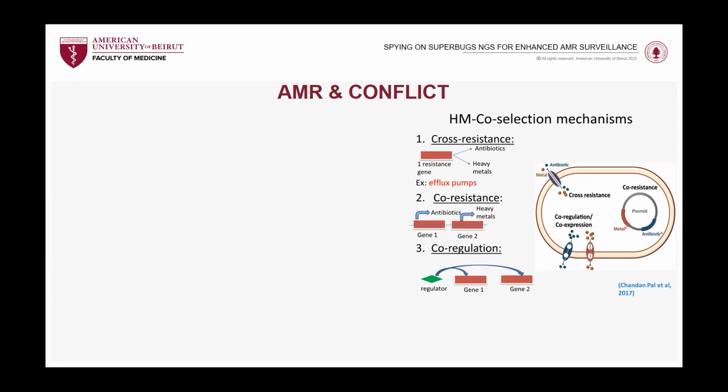Co-resistance is whenever a gene responsible for heavy metal resistance is located on the same plasmid as a gene responsible for antimicrobial resistance. This is quite common when it comes to mercury and antimony. And co-regulation is when both genes are regulated by the same regulator.